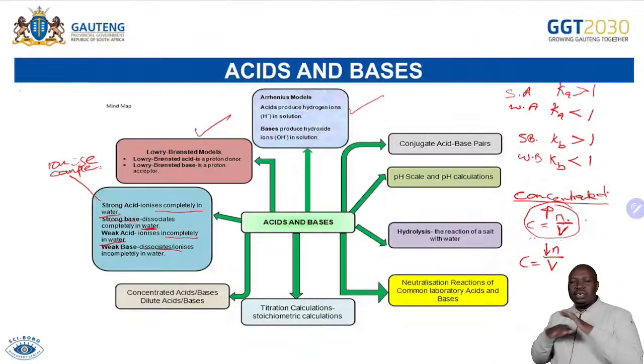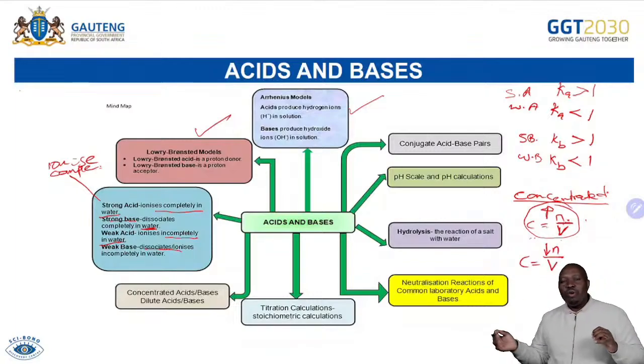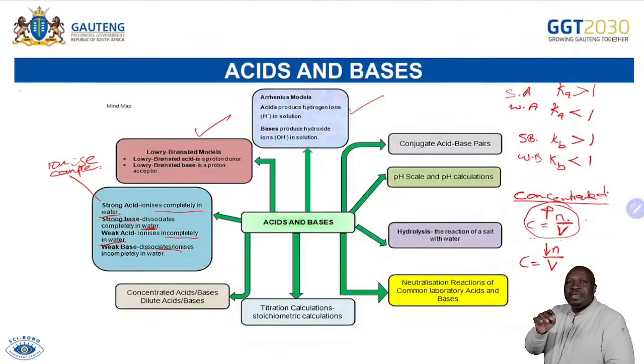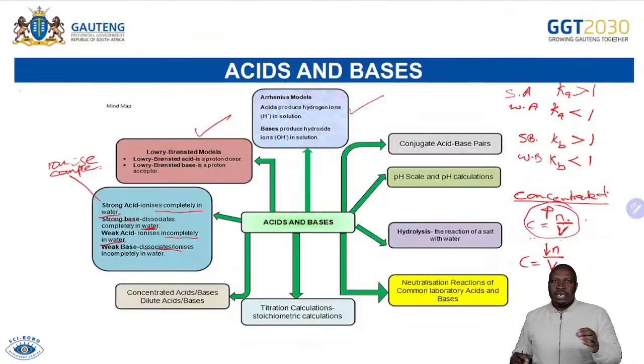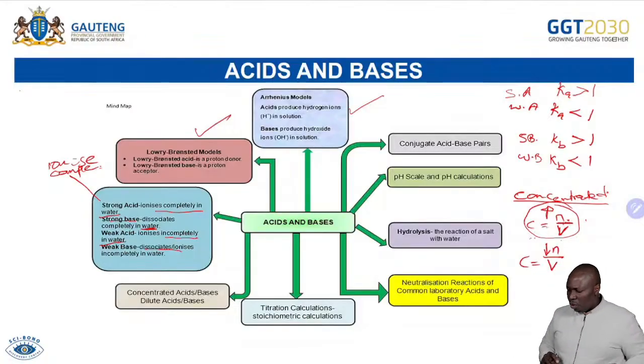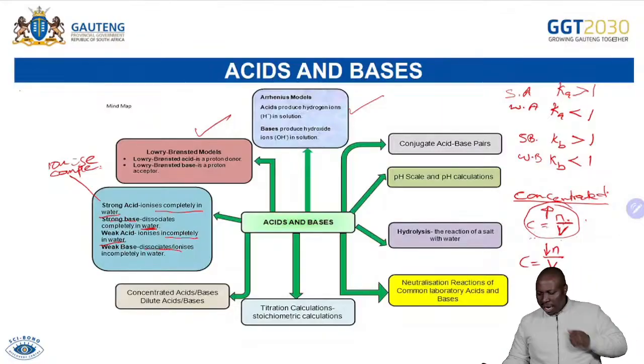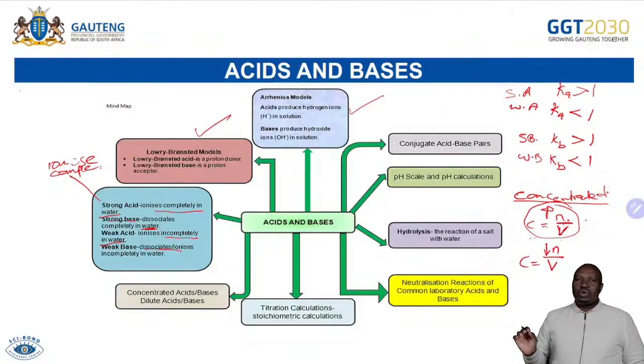Remember, a strong acid is always a strong acid no matter how much water you add to it. But a strong acid can be diluted by adding a lot of water. So dilute means we have a smaller number of moles in proportion to the volume of water. I hope you got the difference between concentrated and dilute.